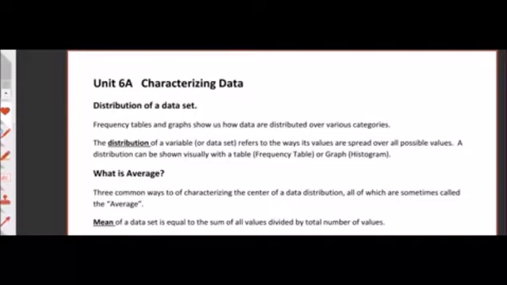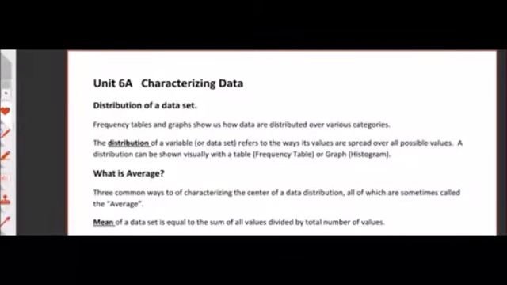Now back in Chapter 5 we saw a frequency table, and we actually saw a few graphs that could show us how the data are distributed over various categories. So more formally we can say that a frequency table or a graph gives us the distribution of a data set.